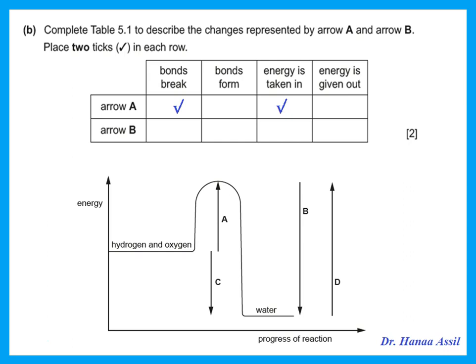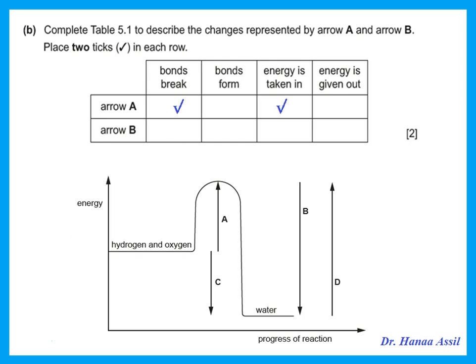Now, where is arrow B? Arrow B is going from the top of the activation energy to the products. So this is when the complex formed at the top goes down to the products at the bottom, and this is obviously an exothermic reaction.